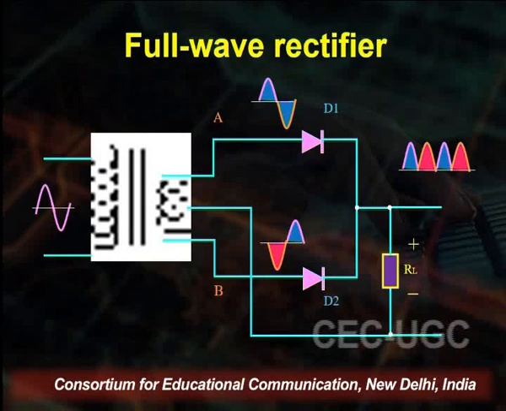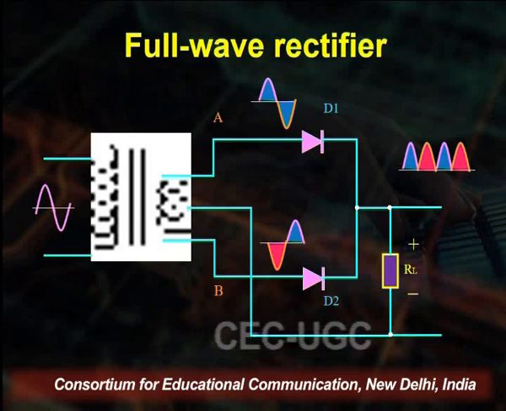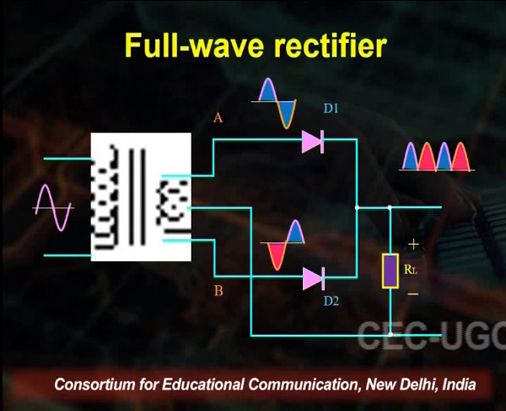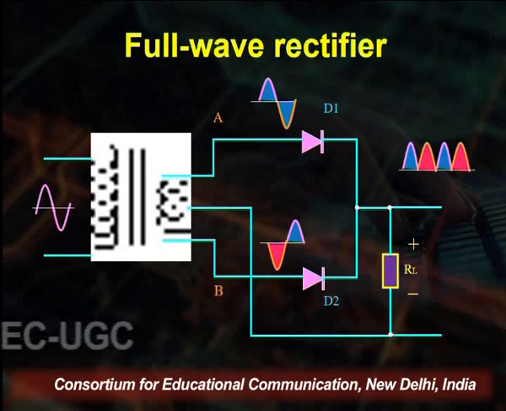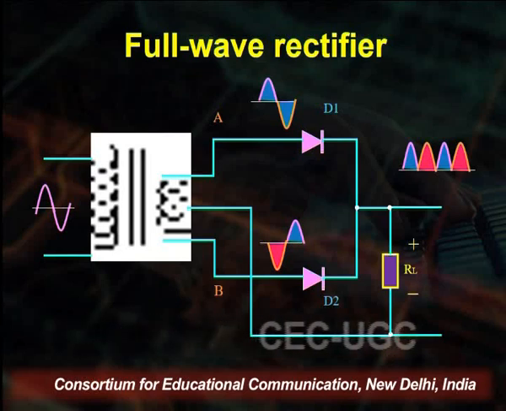On the right hand side you see there is no gap between the outputs; we are giving all the output simultaneously. In the previous one we had only the positive. You see the blue is the positive and the orange is the negative cycle of the AC input.